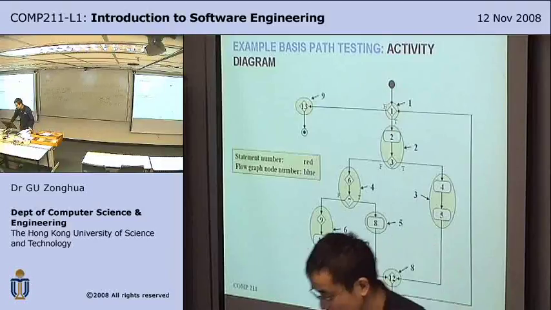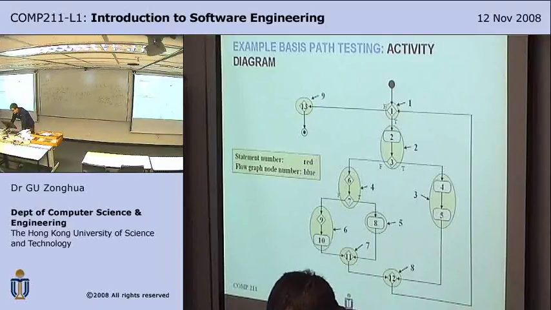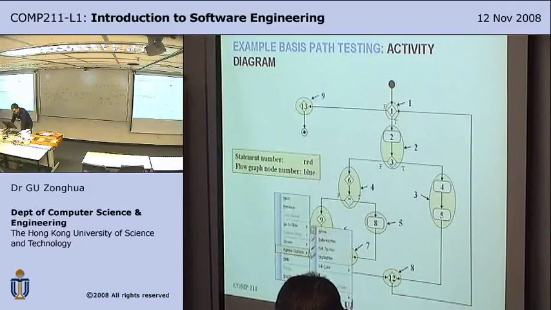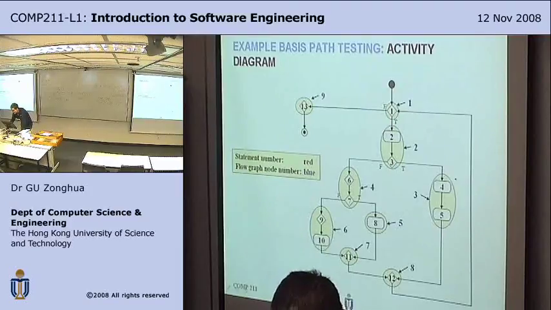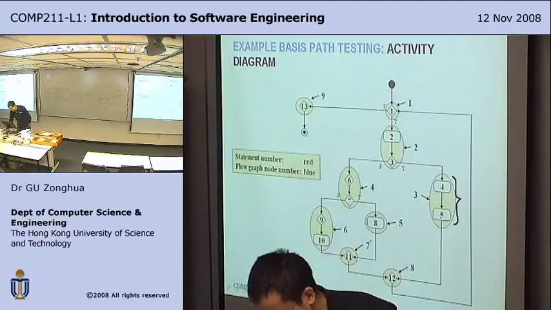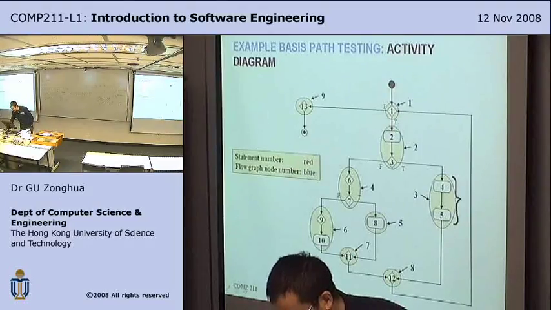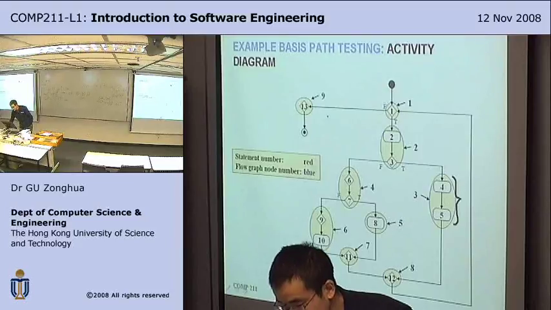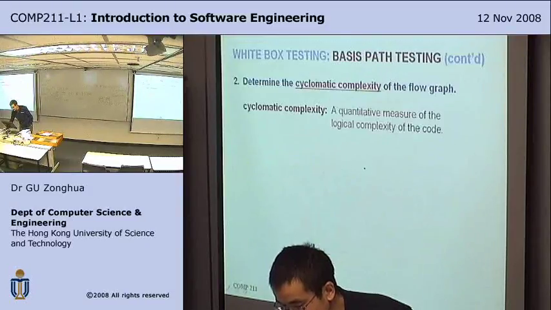So you group, say, 4 and 5, no internal branching, so they are in the same basic block, and 6 and 7 are in the same, and 9 and 10. So 8 is in its own node, and 11 is in its own node, and 12 is in its own node. Finally, 13.